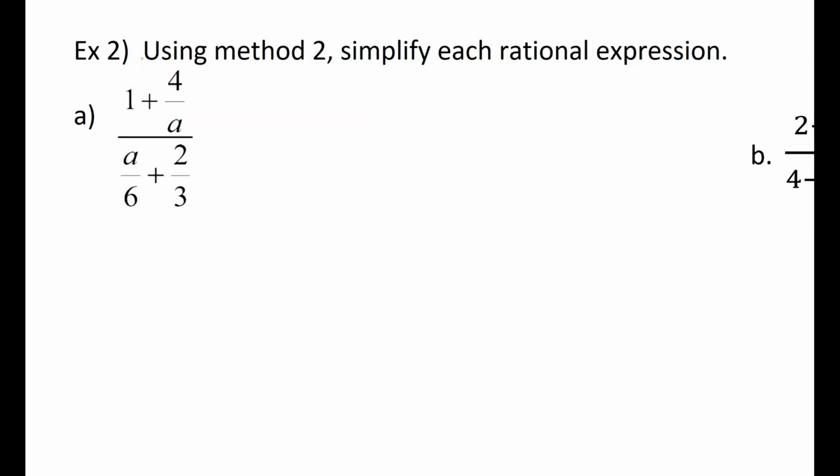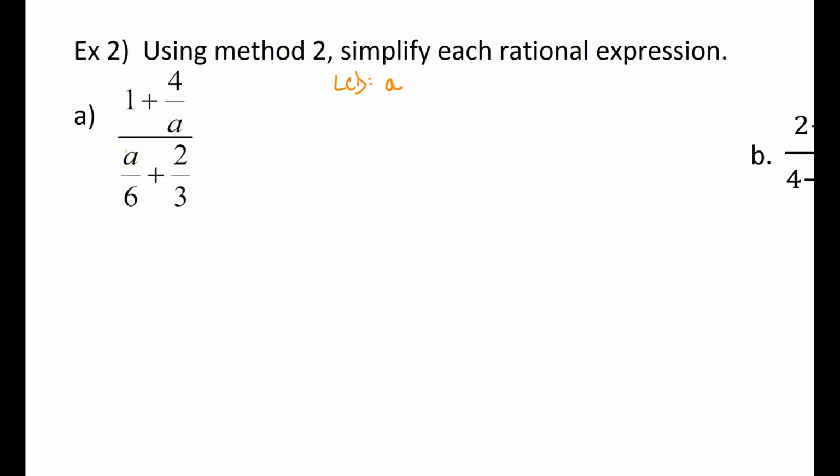So again, in method 2, what we do is find the least common multiple of all the denominators. If I look at my main numerator here, what do I have in my denominator there? 1 and A. So that means I'll have an A. And now I look at the denominator here.